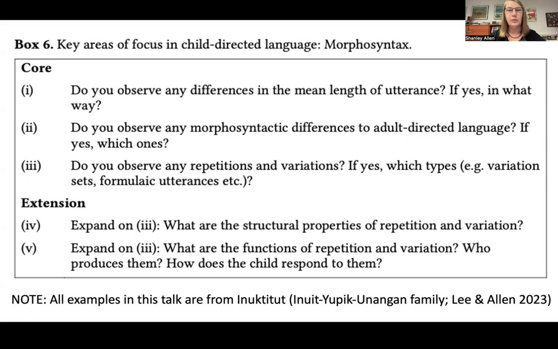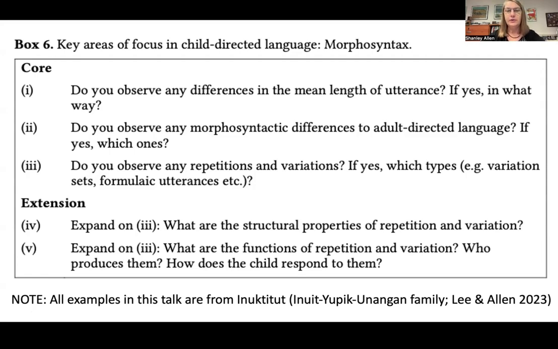And if yes, in what way? The second question, do you observe any morphosyntactic differences to adult-directed language? And if yes, which ones? And the third question, do you observe any repetitions and variations? And if yes, which types? So variation sets, formulaic utterances, etc.